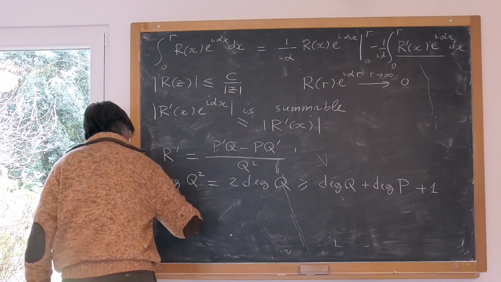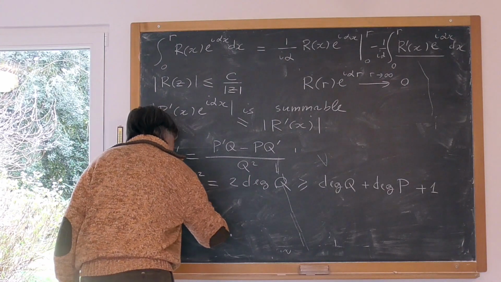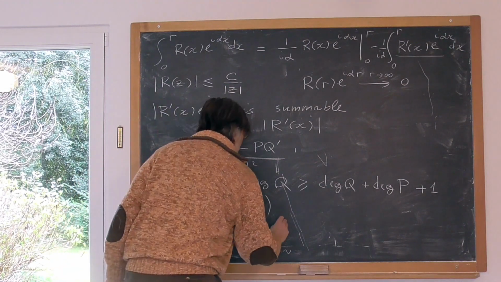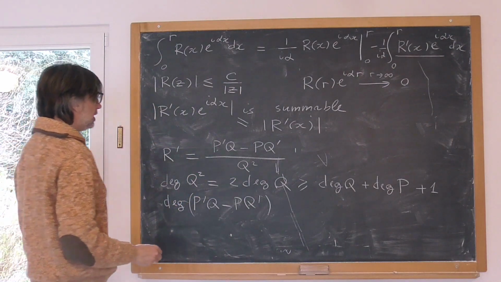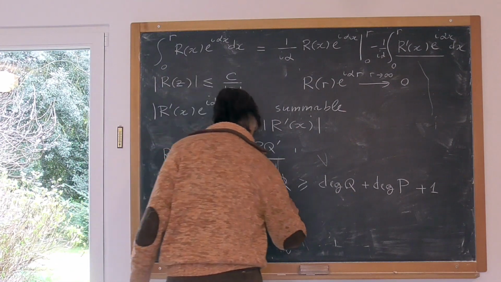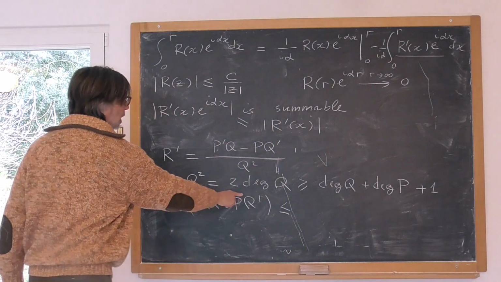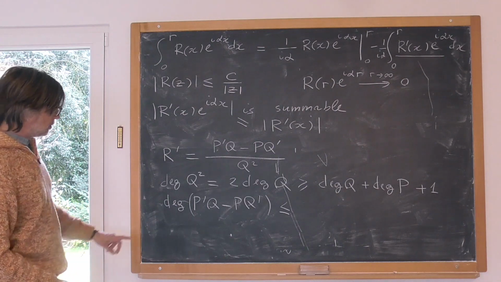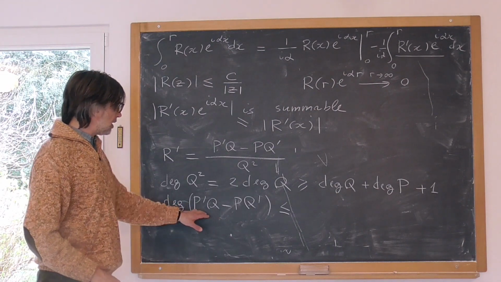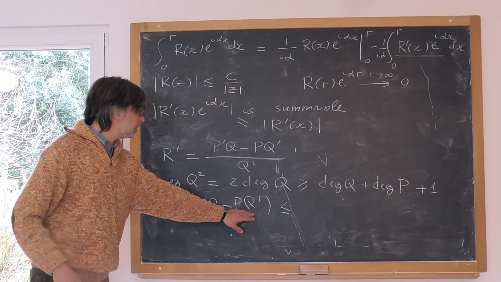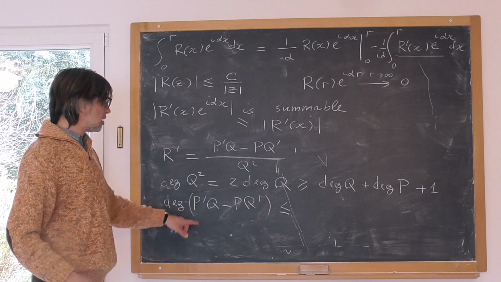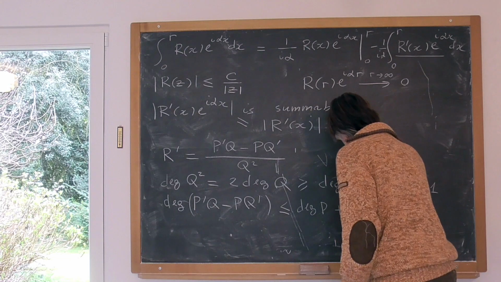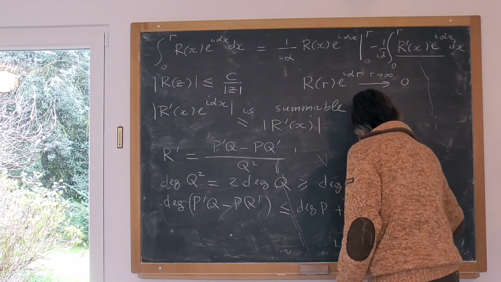What about the degree of the numerator, p prime q minus p q prime? This degree is at most, because we could have simplifications, the maximum of these two degrees, and these two degrees are degree of p plus degree of q minus 1.